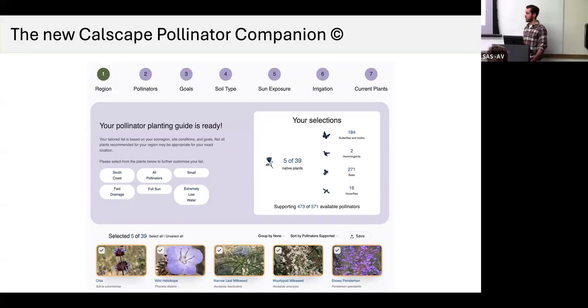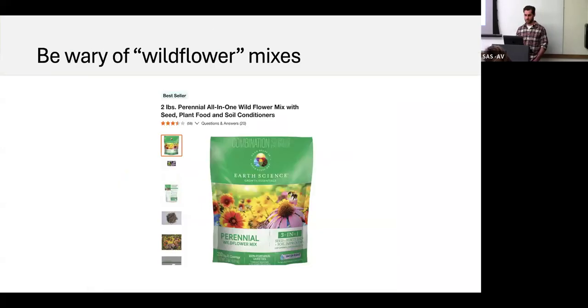And then at the end of that process, it'll give you a list of the best native plants for butterflies, moths, and other pollinators in your local ecoregion. And so I really hope to bring this type of research and these types of tools to other parts of the country. I'm currently working on some research in Washington to bring this to Washington, and we're seeking funding right now to expand this type of plant selection resource across the country.